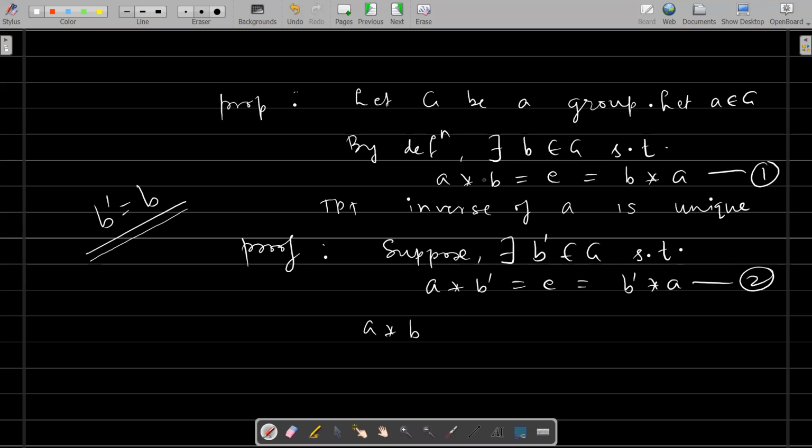It's associative, but it's not commutative. In general, it may not be commutative. I guess we can multiply from any side. A star B dash is equal to E star B dash. Oh no, then it won't work. You'll have to take it from the start itself, multiplying on the left side.